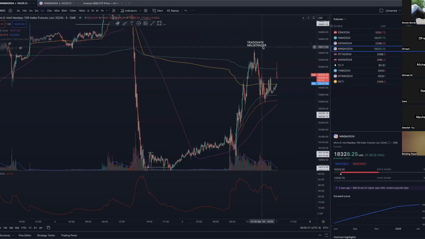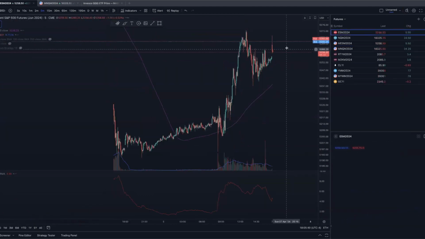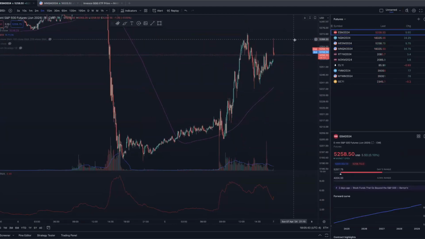All right. So on my screen, you see the stock price moving right now. This is the futures for NASDAQ. And if you're used to trading SPY, this is the futures for S&P 500.